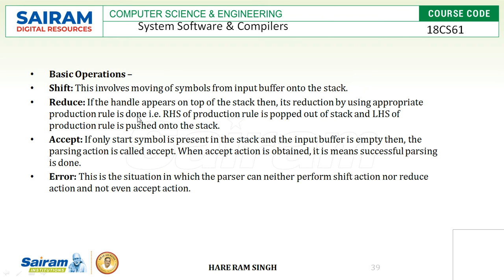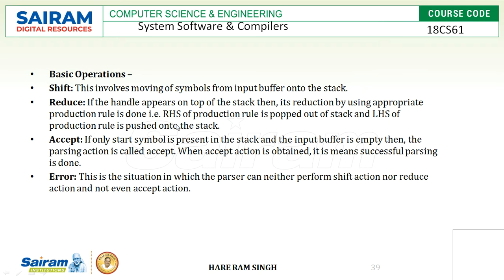If some expression can be reduced from RHS to LHS, then the RHS of the production rule is popped out of the stack and the LHS of the production rule is pushed onto the stack.